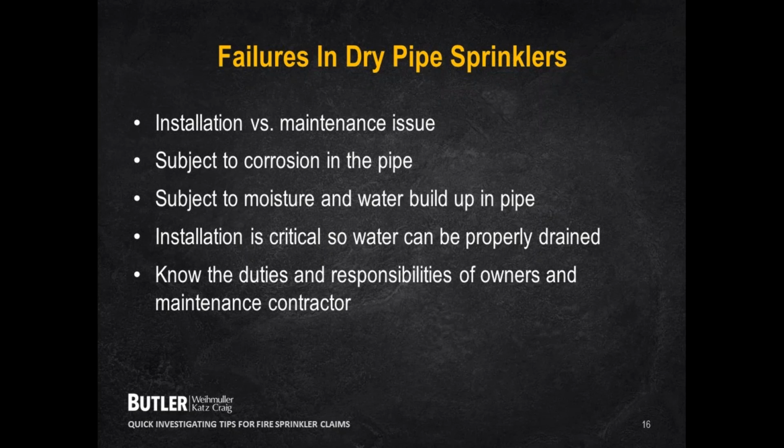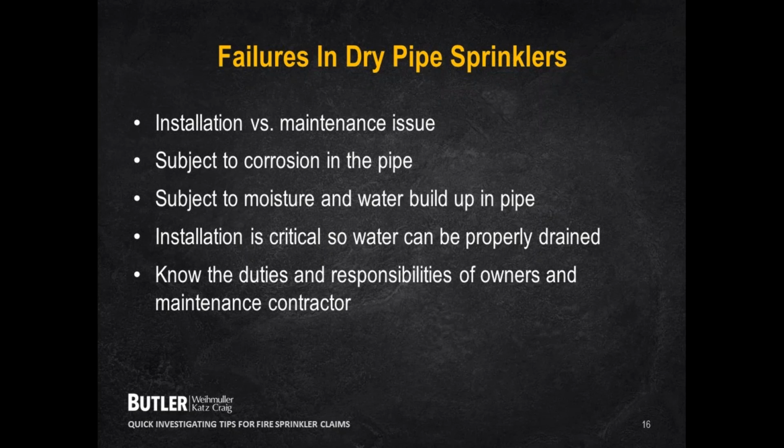So that's why I put up here at the top of the slide an installation versus maintenance issue. You could have sloping that is a problem with the installation, coupled with the landowner or the landlord not maintaining it properly or draining the water off of the system because of the condensation that builds up.